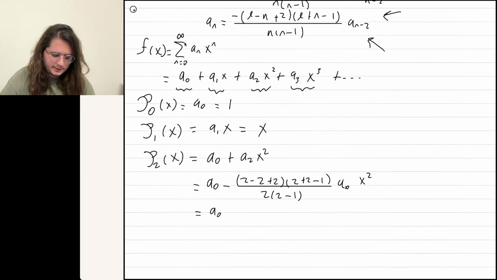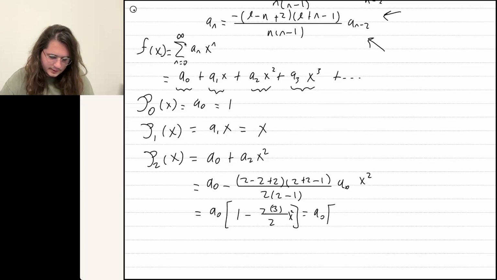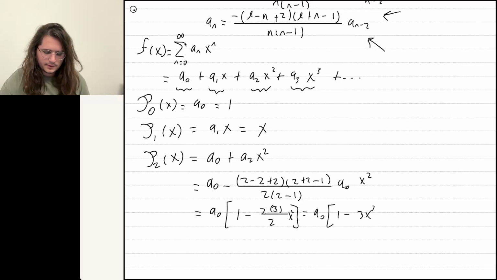So it's a0 times a bunch of stuff. It's 1 minus, and then it's 2 times, let's see, that's 3 over 2 x squared in there. So it's a0 times 1 minus 3x squared.